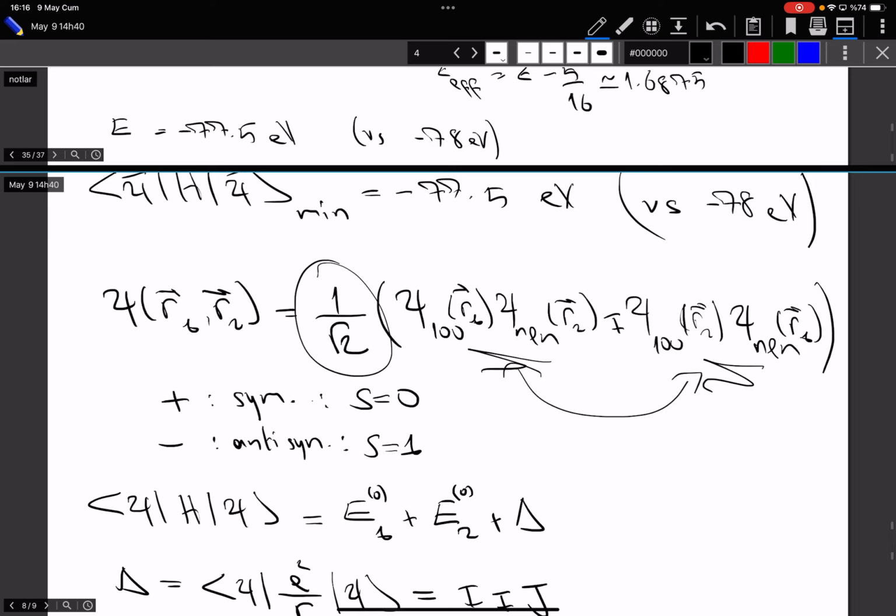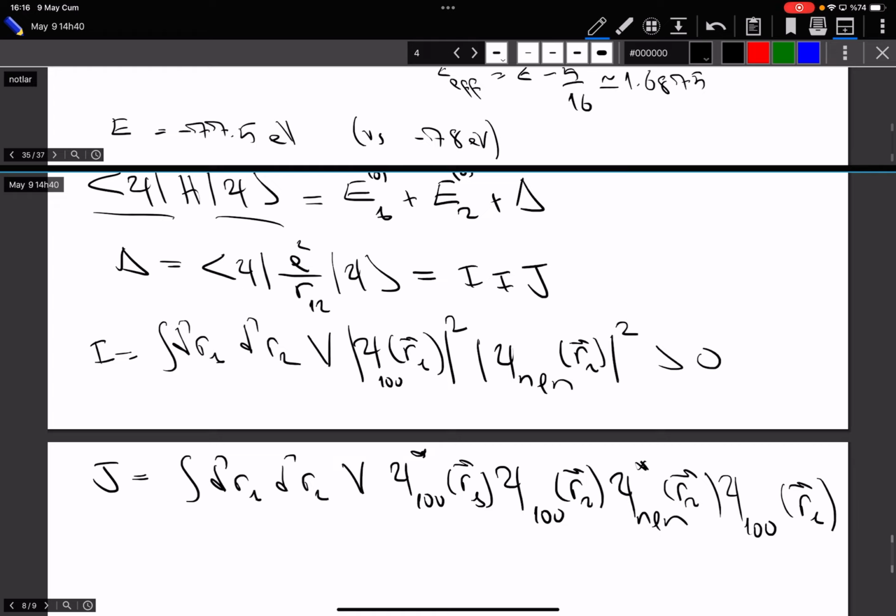You just multiply the first term from the bra with the second term in the ket, or vice versa. These are called the exchange terms. The last one is still NLM. Yes, you are right. And both of these factors turned out to be positive.